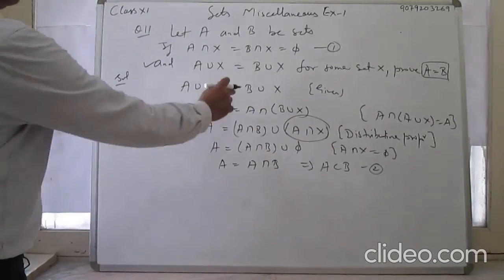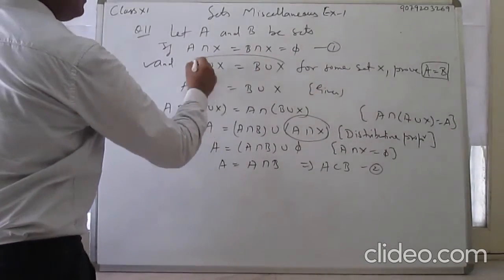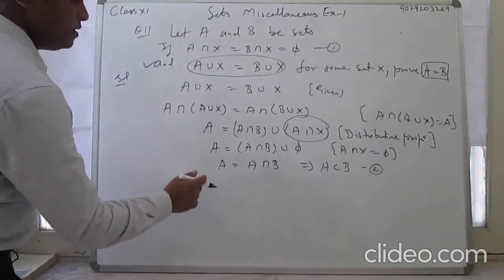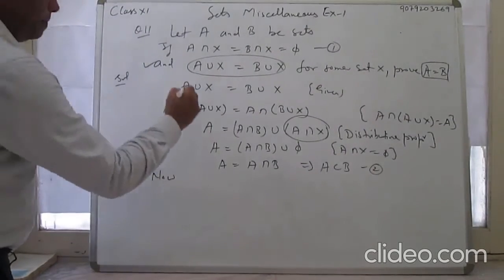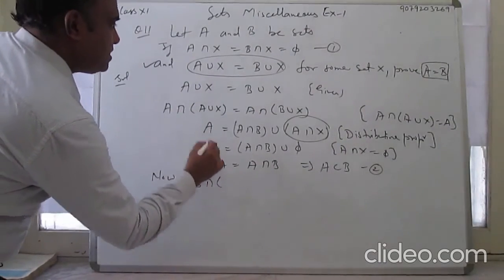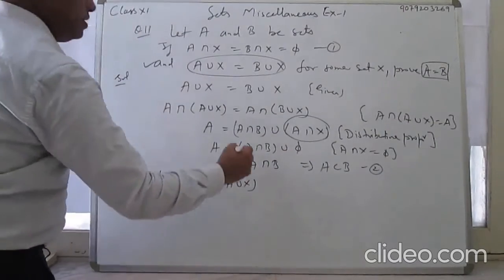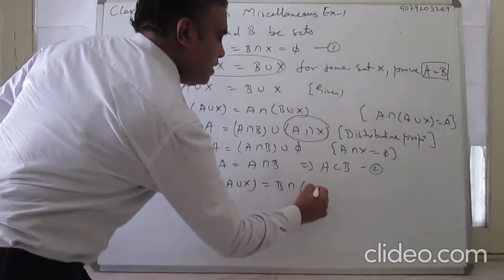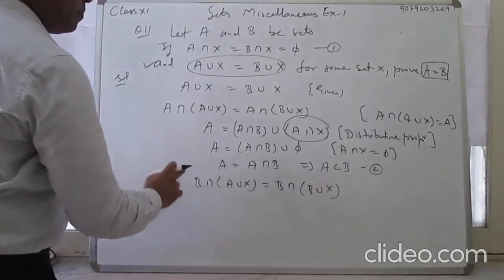Now I will operate this with intersection B. B intersection (A union X) is equal to B intersection (B union X). Now use the distributive property here.